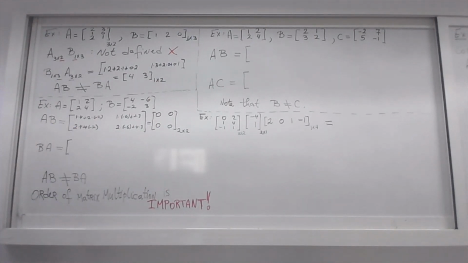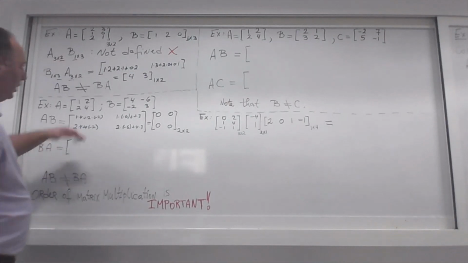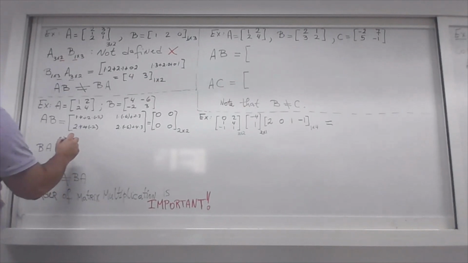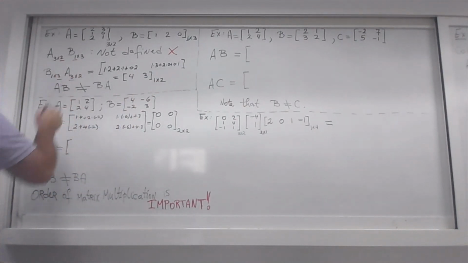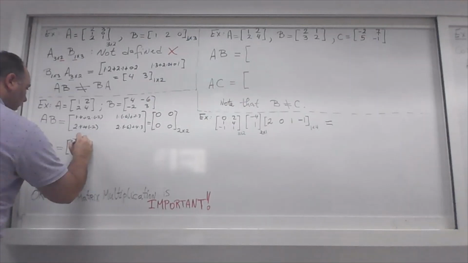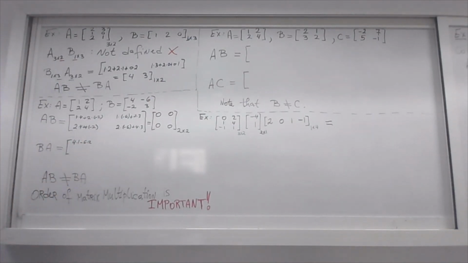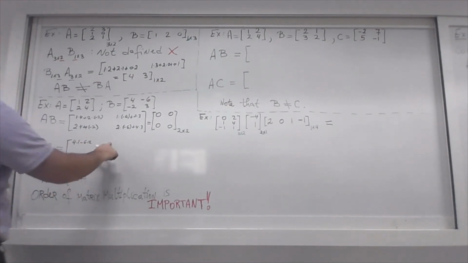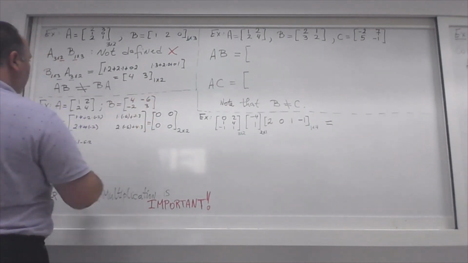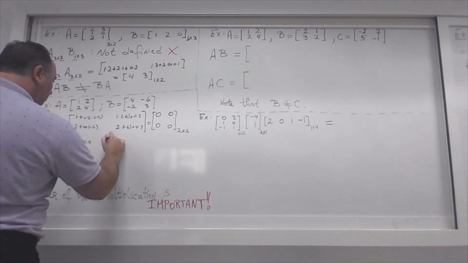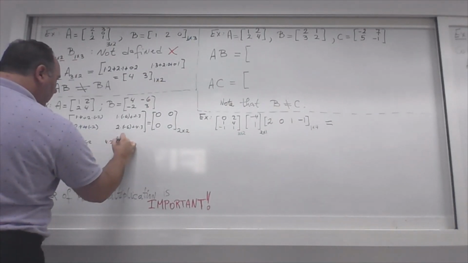Be careful. Since these matrices are 2 by 2, we can also perform product BA. So entry 1, 1 is first row of B dot product first column of A. So 4 times 1 minus 6 times 2. Then entry 1, 2 will be first row of B, second column of A. So 4 times 2 minus 6 times 4.